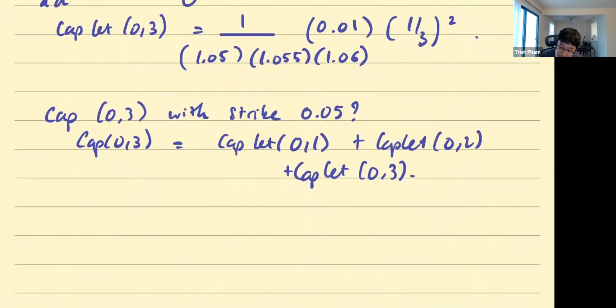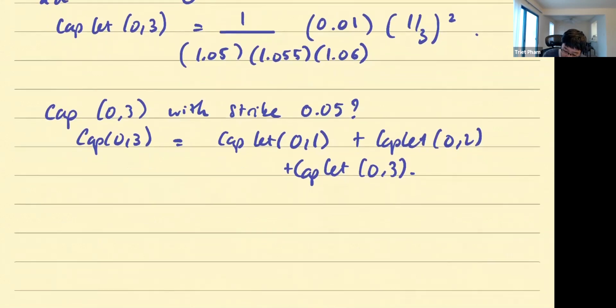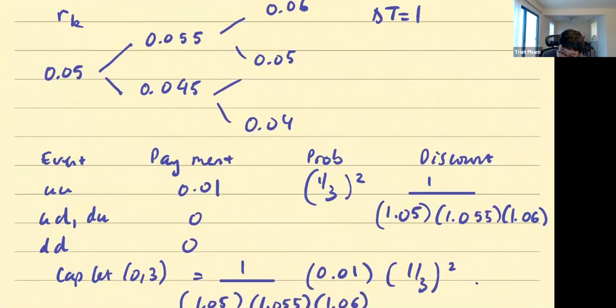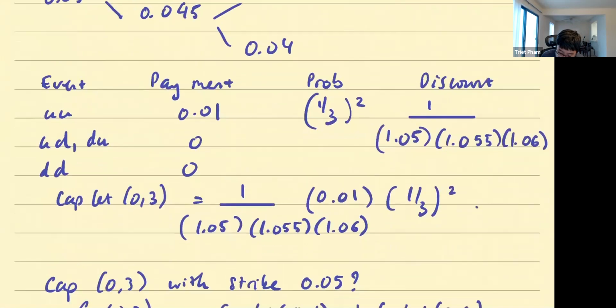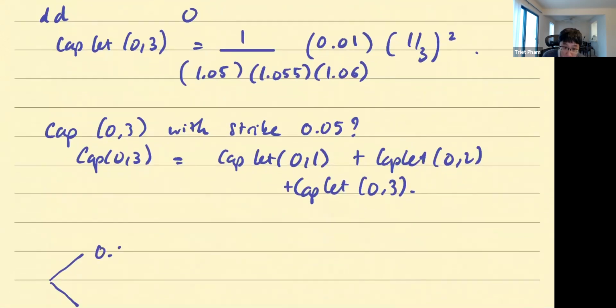Now, what's caplet 0.1? Caplet 0.1 is exactly the payment at time 1. What's our tree? Our tree at time 1 is 0.055. Oh, sorry.